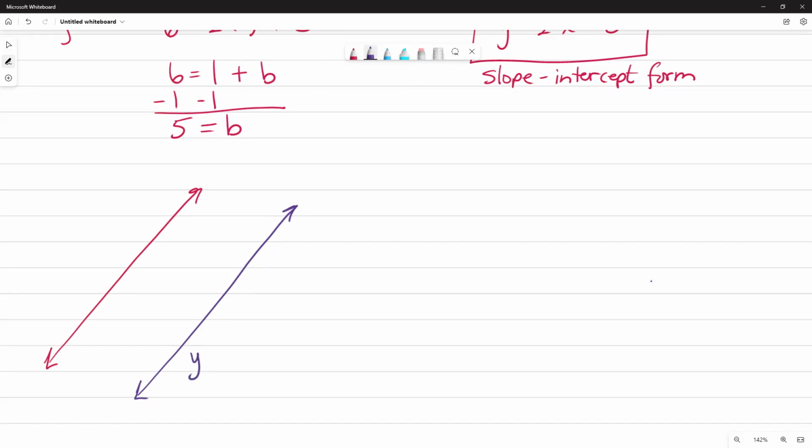So this one is y equals 3/2 x minus 3, and this one is y equals 3/2 x plus 3.